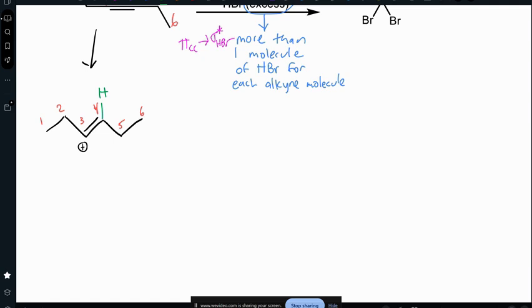When a functional group or a substituent is on an alkene carbon, on the double bonded carbon, in many cases we'll label that as a vinyl group. So this would be known as a vinyl cation, meaning the carbocation is on the carbon of an alkene. These carbocations are slower to form than your regular carbocations.